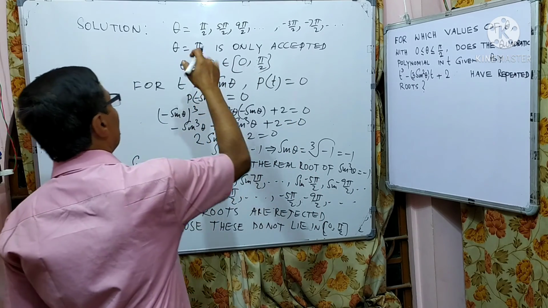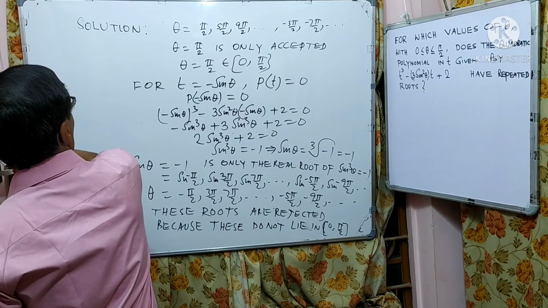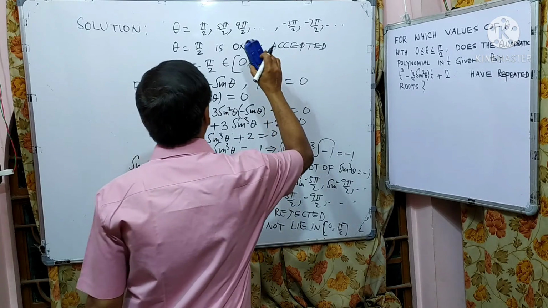So here we have only got the solution of theta as pi by 2.